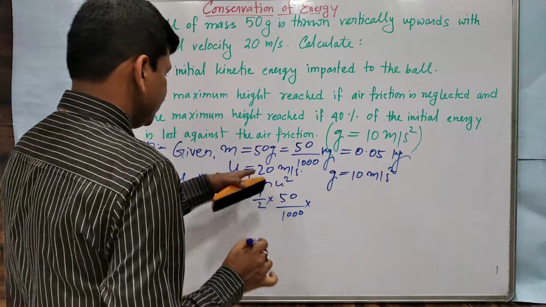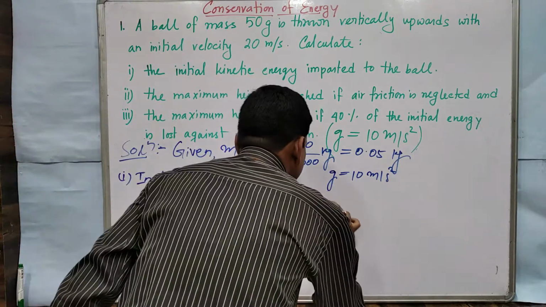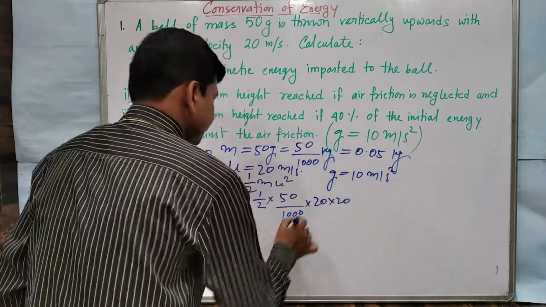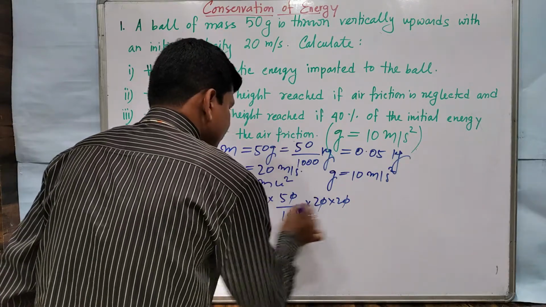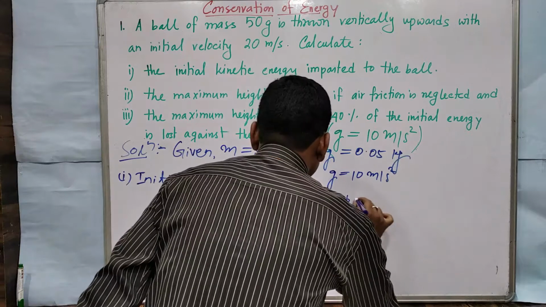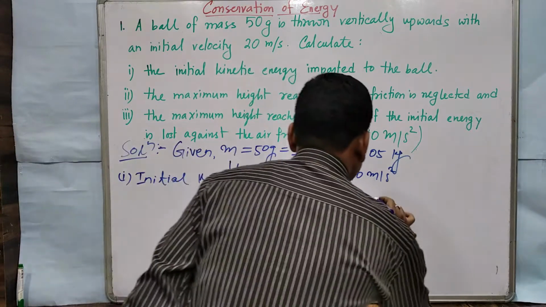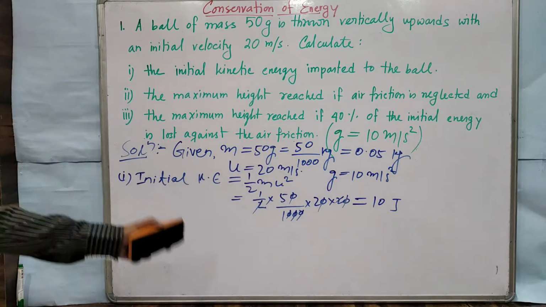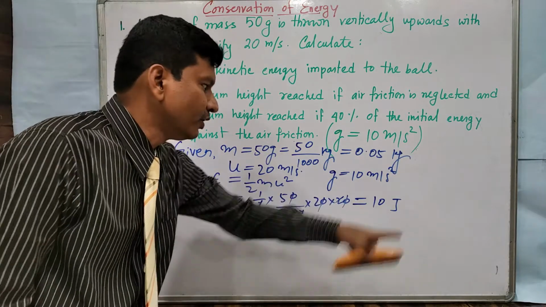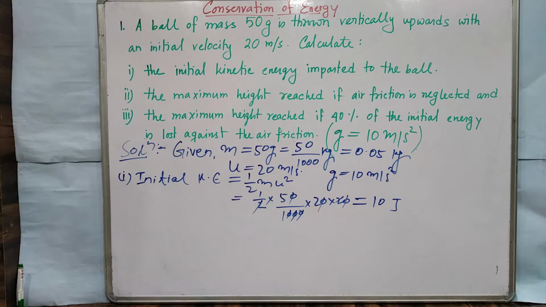U is given as 20 meter per second, so 20 into 20. Now cancel the 1000 against the 20s, and the 2 is cancelled. So how much are we getting now? 5 into 2 is 10. Since we are finding energy, this is the kinetic energy, the unit will be joule. So the initial kinetic energy imparted is 10 joule.